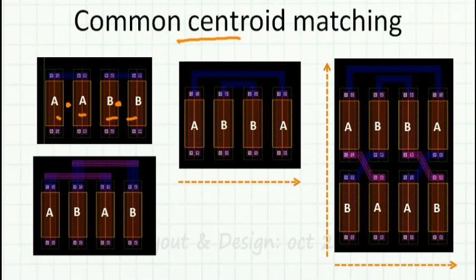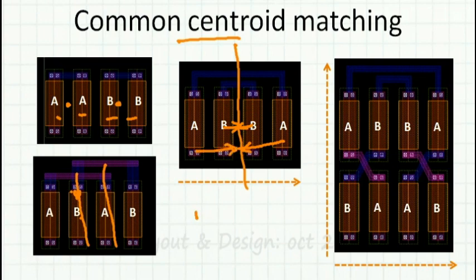Or even if I put AB, the centroid of A is across this axis, and the centroid of B is across this axis, and the centroids don't overlap, and that's how this is not a common centroid. Whereas if I put the segments of resistor A and B in this form, then the centroid of B is here, which is equidistant from both the centers of B, and also for A this is the centroid. So this is a common centroid matching.